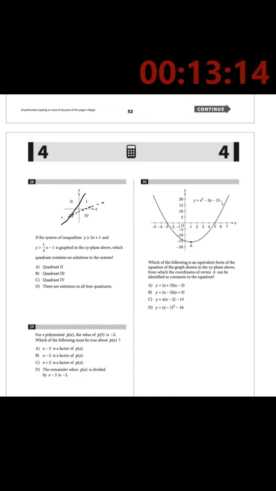And from here you can see the solutions only include quadrants 1, 2, and 3, because these are the only places where they intersect. Therefore, it cannot be in quadrant 4.